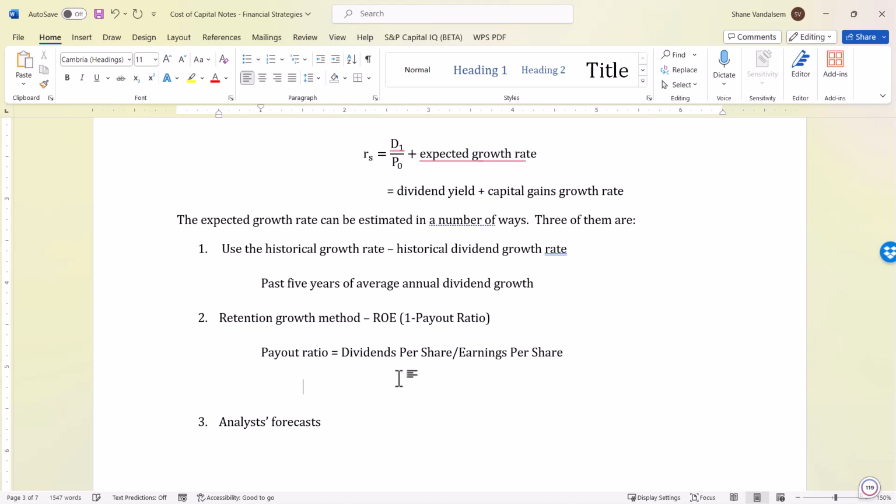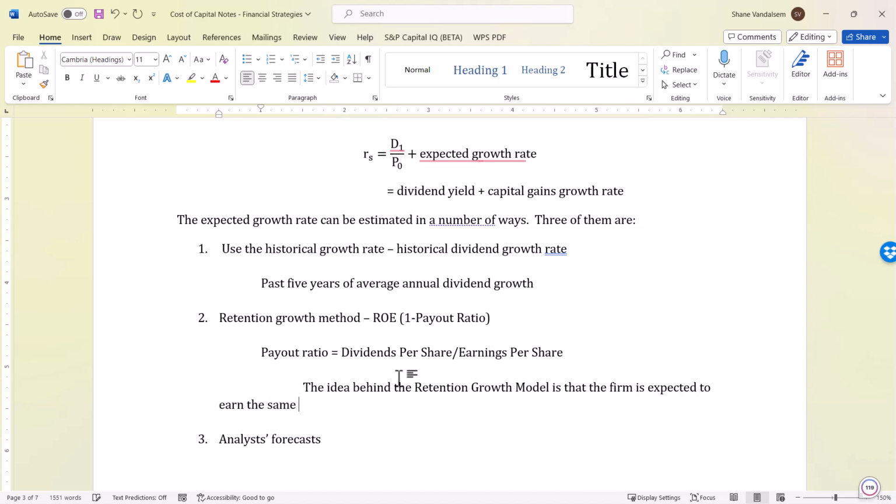And so that's the principle behind using that as a potential growth rate for a firm.